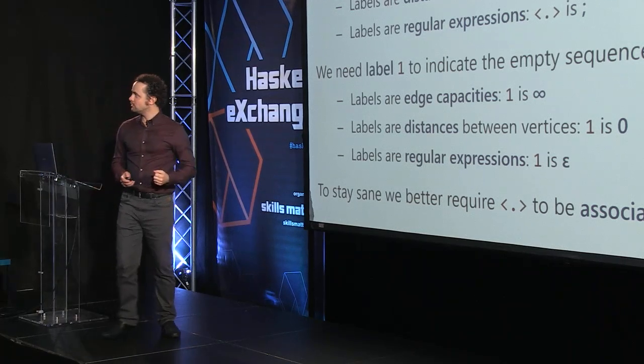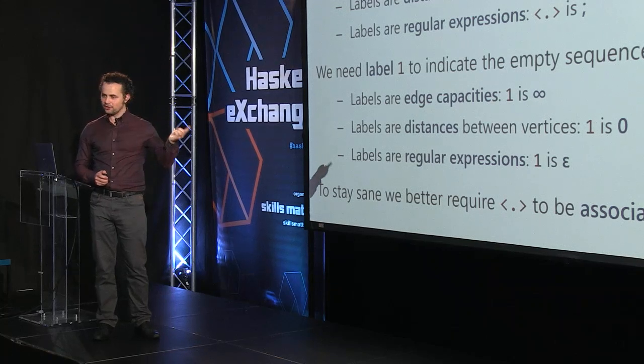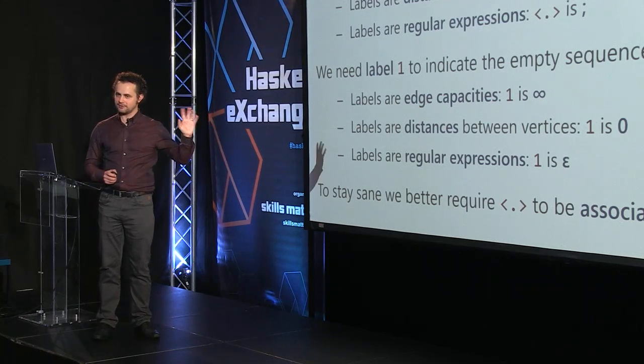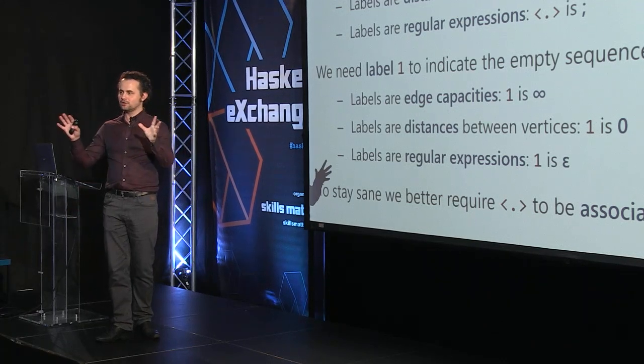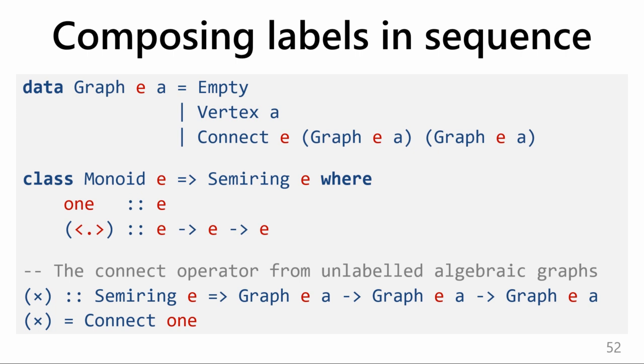OK, so I now look at a few examples, but one of the main points I would like to make here is that this is the fourth monoid we have. So we have 4 monoids in our world. We have 2 monoids for creating the structure of graphs, and 2 monoids for combining labels, the payload on the edges that we have. And the 2 monoids we have for labels do form a semiring, right?